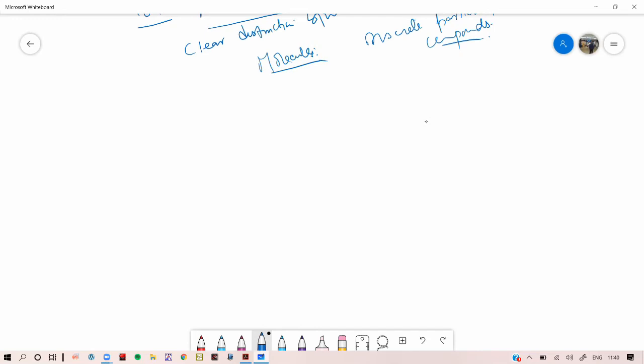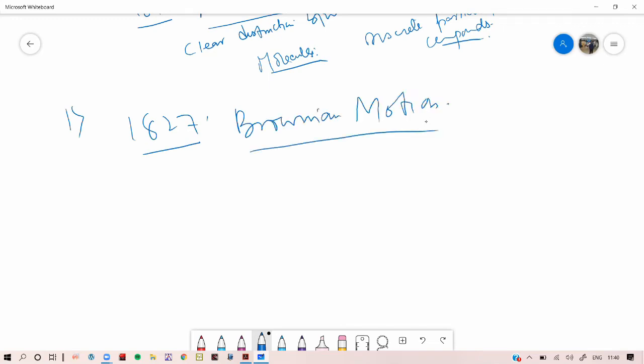In addition to this, the kinetic theory of gases also explained other phenomena. One important one was in 1827, the Brownian motion, which is nothing but the collision of molecules.